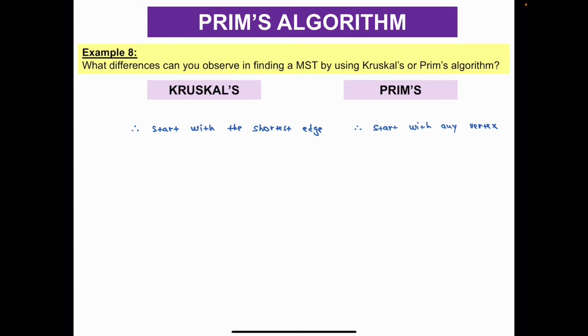The next thing you could notice is that in the Kruskal algorithm, the tree grows in a way that the edges are jumping around.